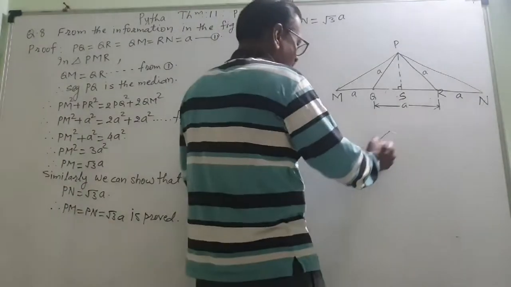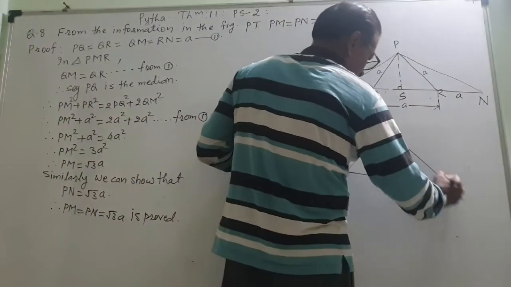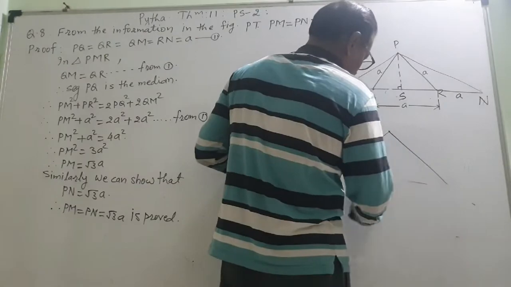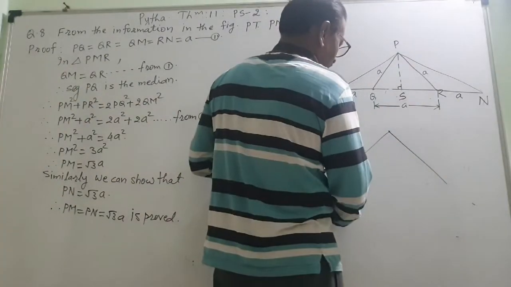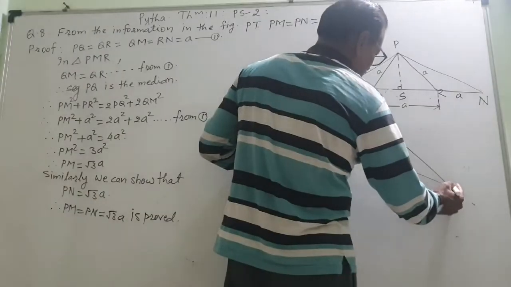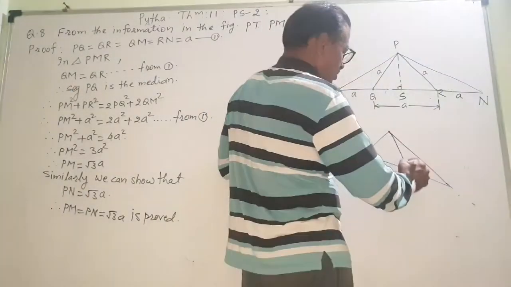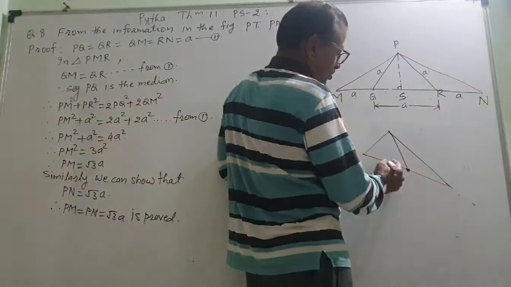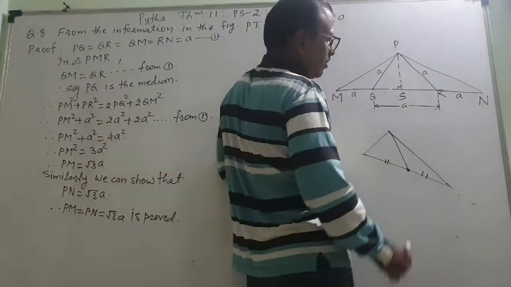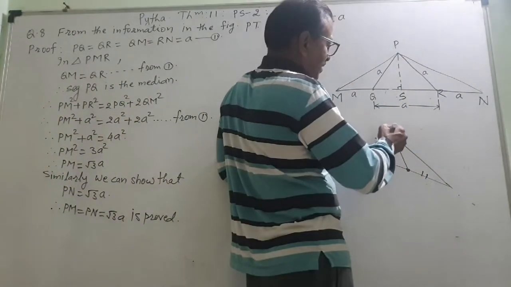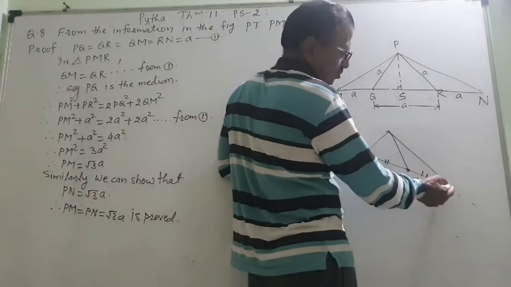So how I can use the Apollonius theorem, that we will see. Suppose this is a triangle, this is a midpoint. This distance and this distance are the same. So Apollonius theorem is this square plus this square.